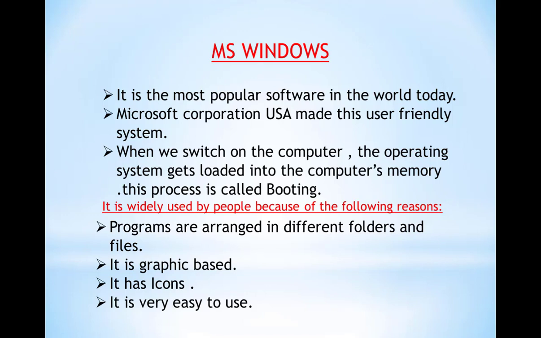As we have a cupboard in our home and keep all our things arranged in different sections, in the library all the books are arranged in different cupboards, almirahs, just like this. In MS Windows, all the files and folders are arranged in different sections, different folders and files.